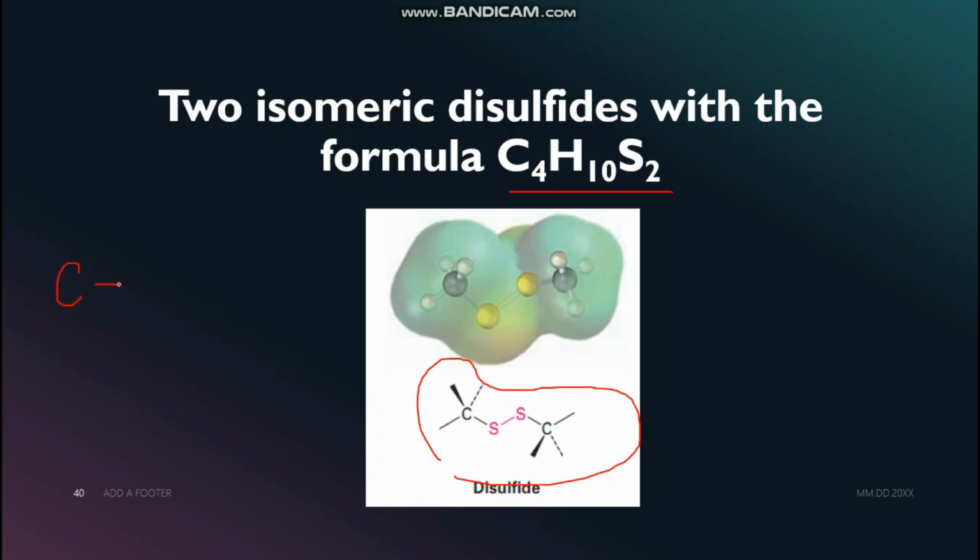So S, S, C. So, meron ng dalawa. And this one is C. And, okay, this is H, H. Okay. And this is H3. And another CH3 here. Okay. H2. So, this is the first isomer disulfide.